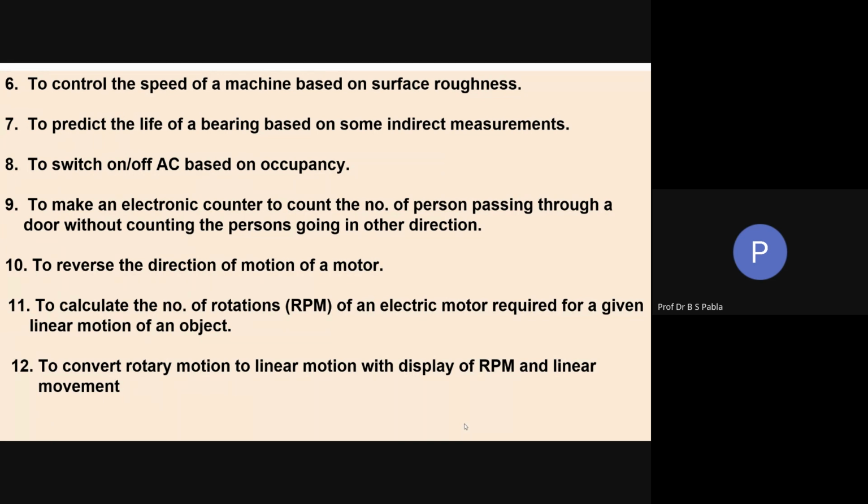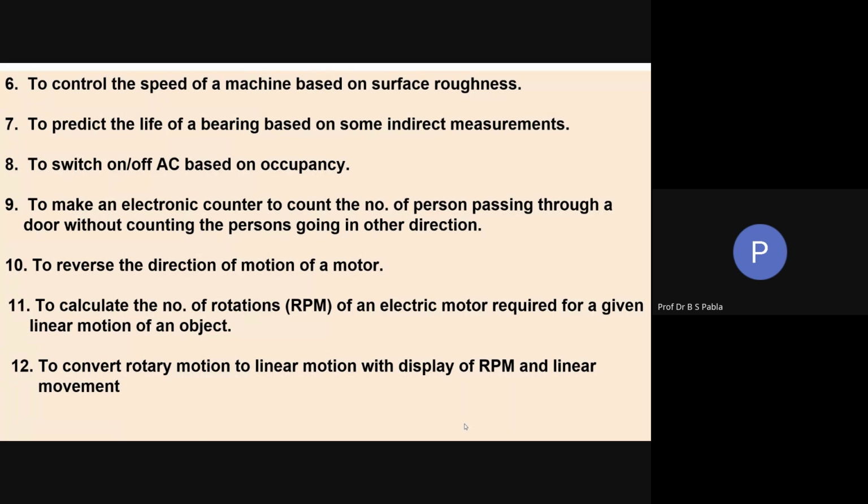And if there is nobody in the room, it should switch off the AC. And as soon as somebody enters the room, it should switch on. Similarly, let's say there are 3 ACs in the room. If there are only 2-3 persons, depending upon how many persons you decide, only 1 AC will work. If there are more persons, 2 ACs work. If there are more than that, it is full, then 3 ACs will work.